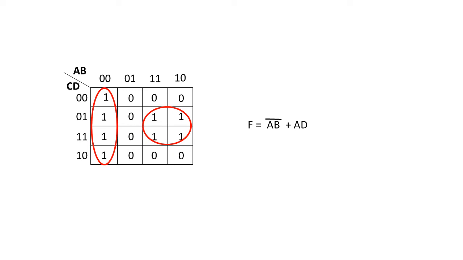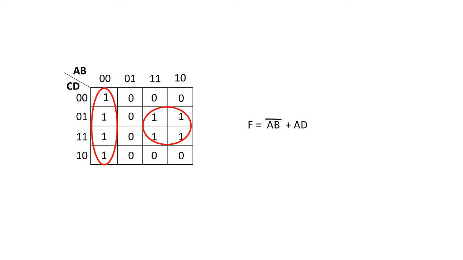For the first 2 ones, B is 1, and for the last column, the position of B is 0. So the position of B is changing in both columns. That is why we have to eliminate B, but we have taken A because that is common in both columns.